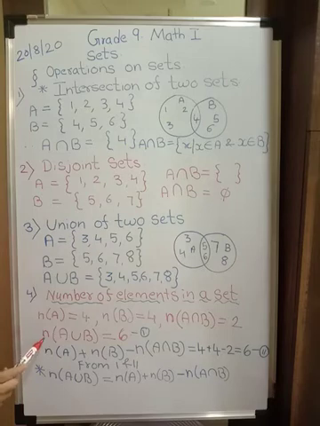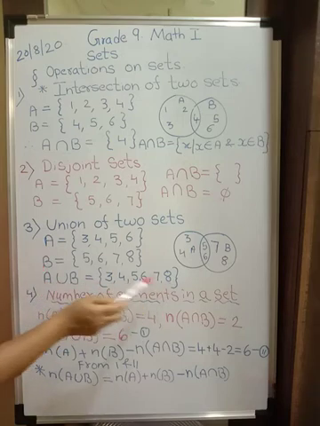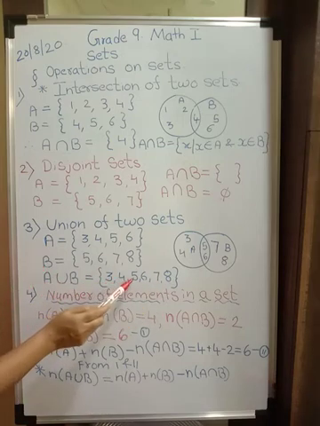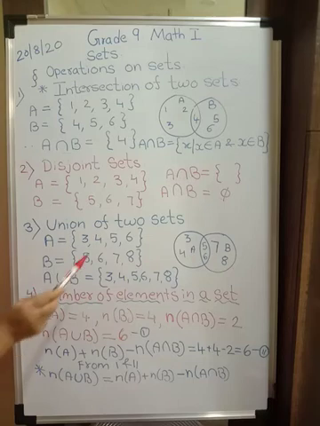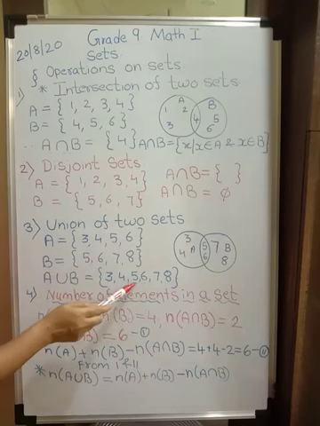Let us see what is the number of elements present in A union B. If I add these two sets, A union B, count the elements present: 1, 2, 3, 4, 5, 6. If these are 4 and these are 4, there should be 8, no? But how are they 6? Because these two are repeated, which we are writing only once. We are not writing it twice.